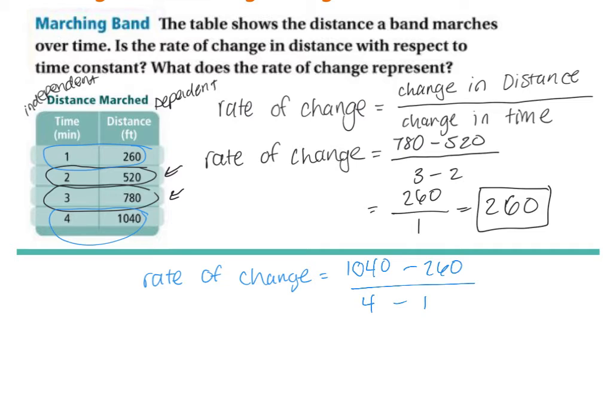The change in distance divided by the change in time. So what we get on the top, who else is using a calculator? Tell me what we get there. Help me out, peeps. 1,040 minus 260. What'd you get? 780. What do we got on the bottom? 3. 780 divided by 3. Ooh, look what we got.